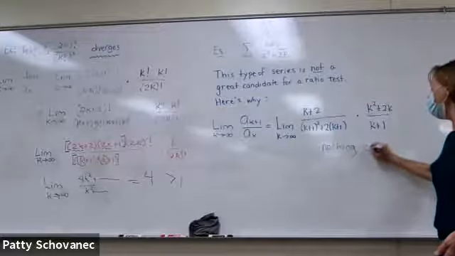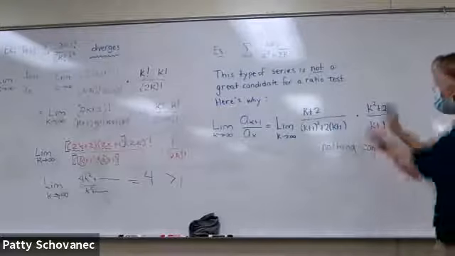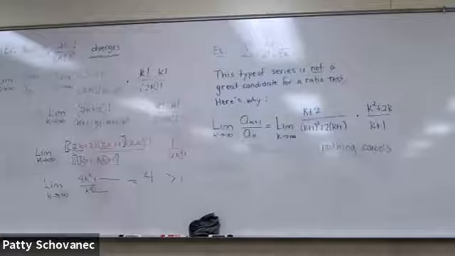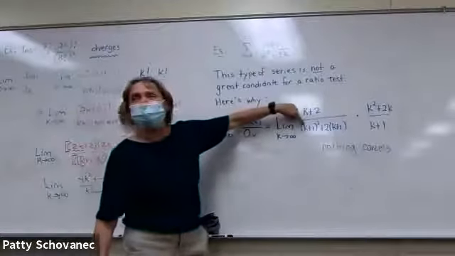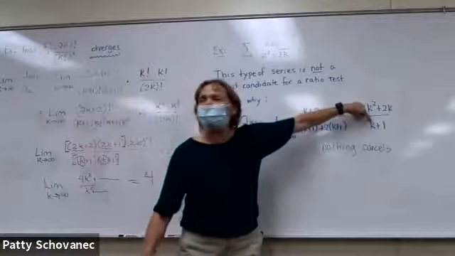But beyond that, can you tell me what the value of this limit is? You are assuming correctly. On top, if I were to multiply that out, I'd have a k cubed as the highest power of k. If I multiplied this out, I'd have a k squared, which would be eventually multiplied by that k.